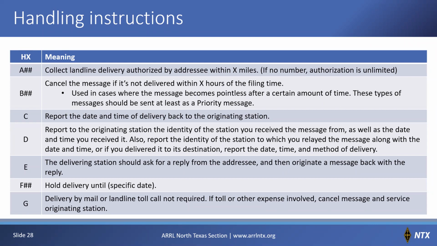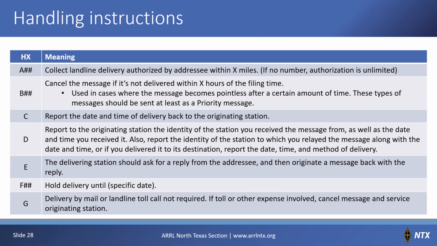When someone uses this, as that message moves, every time it relays, two messages pop out. The first one is if someone is relaying it to me, then I send a message back to the originating station saying, I received this message from this station at this date and time.